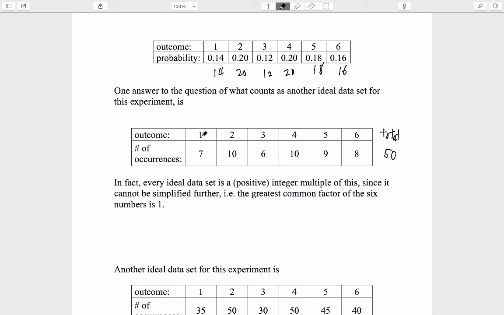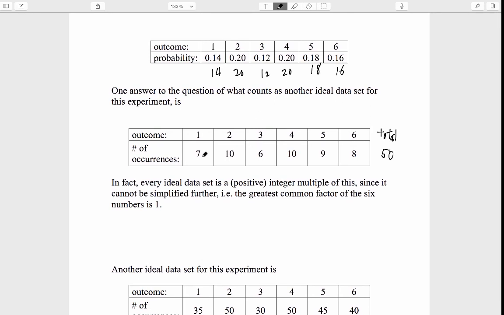That means, for example, 1 is occurring 7 times out of 50 in this set of 50 rolls of the die. Well, 7 out of 50 is the same as 14 out of 100. So here, too, 1 is occurring with relative frequency 7 out of 50, which is 0.14. 2 is occurring with relative frequency 10 out of 50, which is 0.20. 3 is occurring with relative frequency 6 out of 50, which is 0.12. So in each case, the relative frequency of an outcome equals its probability, which is already given to us.